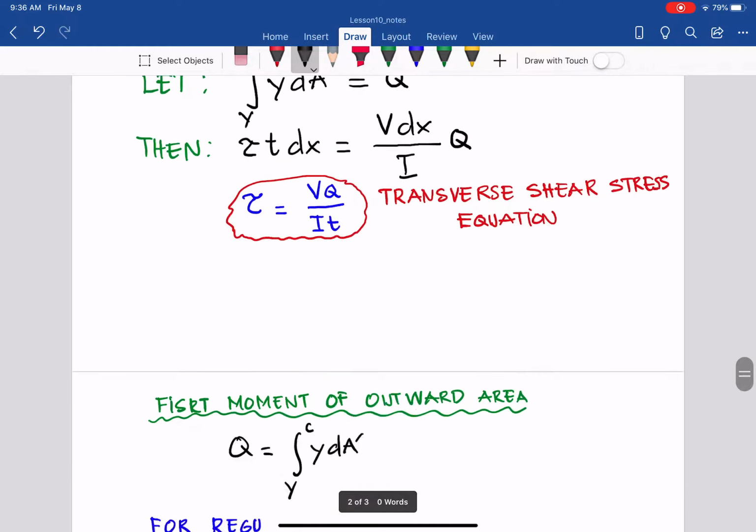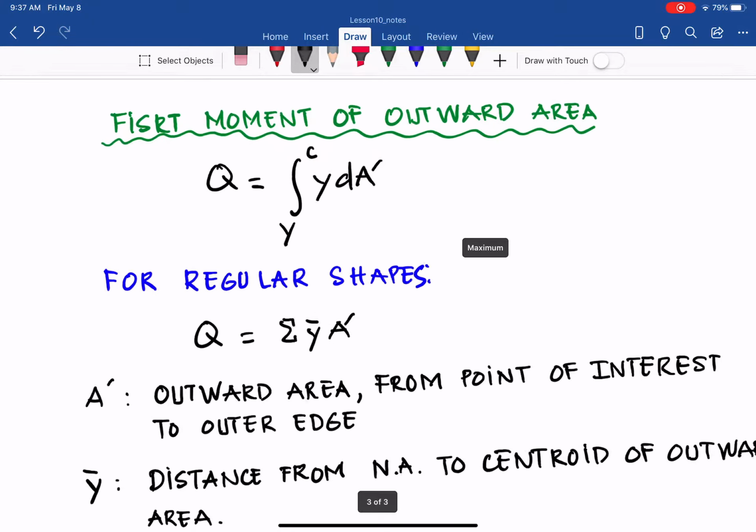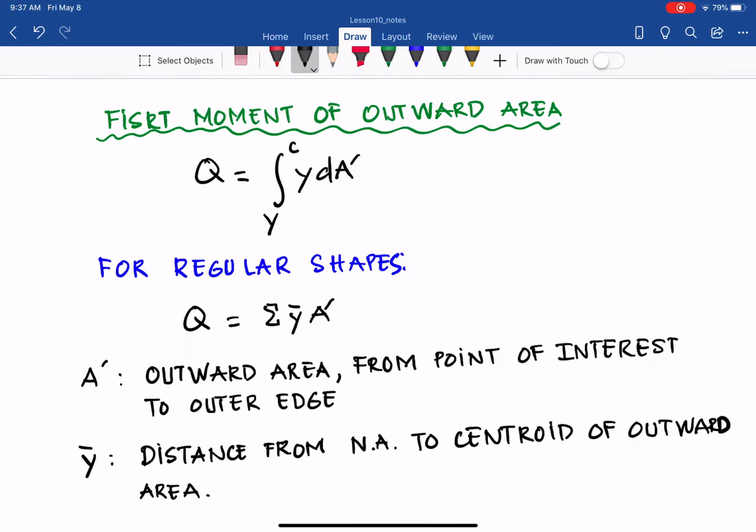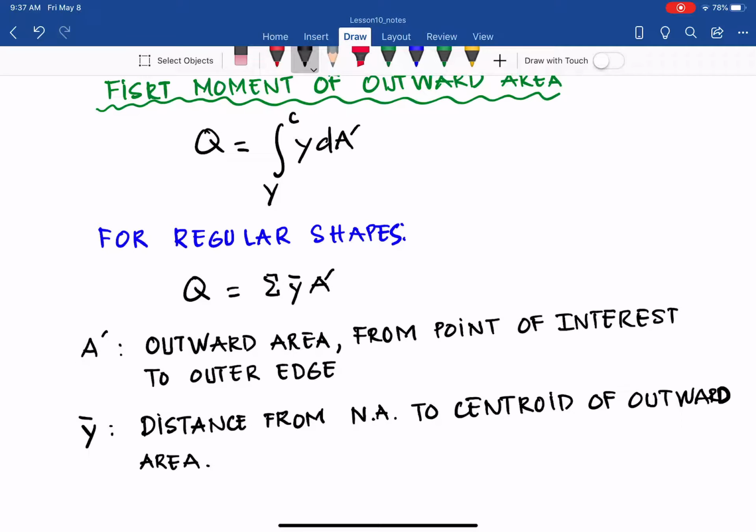Now, going back to the equation, Q here is y bar A'.